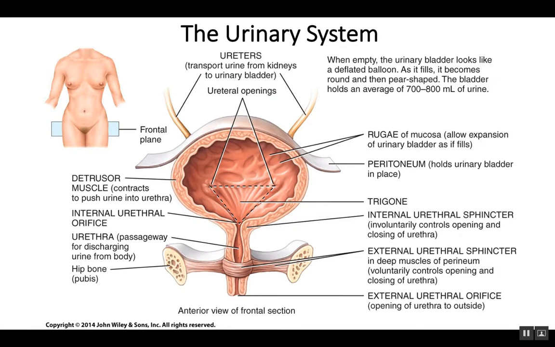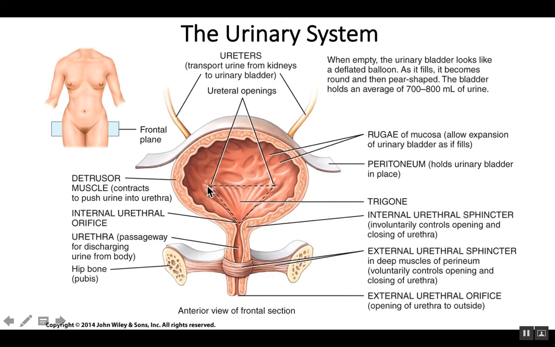Here is our drawing of a urinary bladder. It is an anterior view of a frontal section of a female urinary bladder. Couple things to note. One, you have the two ureters coming down from kidneys and attaching to the back of the urinary bladder. So in the back of the urinary bladder, you can identify the ureteral openings, two openings from the ureters.